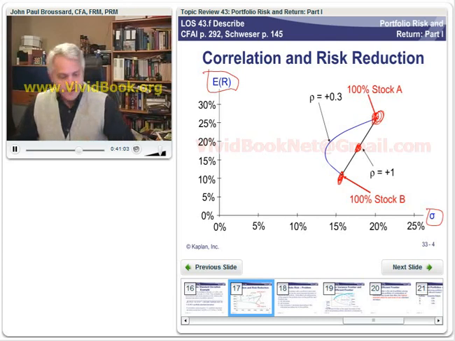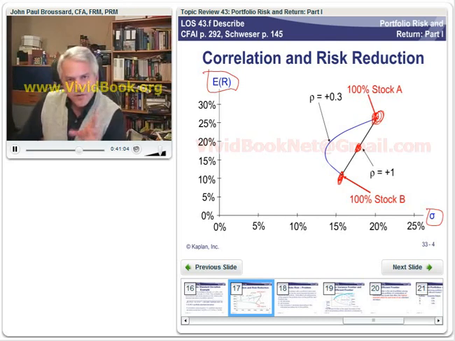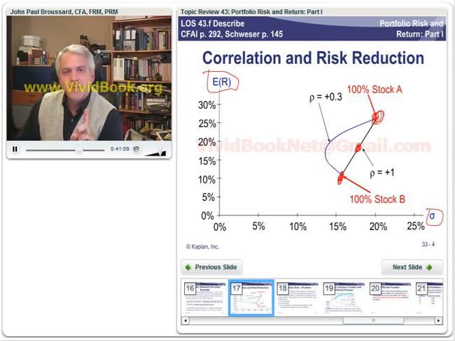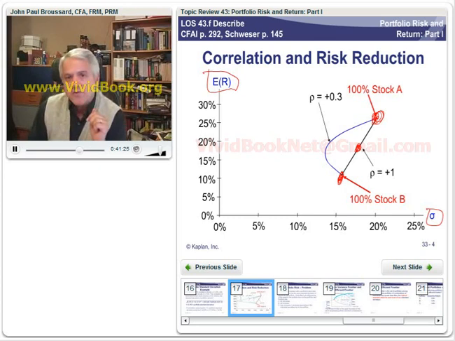However, if the two assets have less than perfect positive correlation, and in this case here is an example where the two assets have a positive correlation coefficient of 0.3, or what some people would say a 30% positive correlation, though I tend to stay within 1 and -1, correlation 0.3. Essentially, what do you get to do?